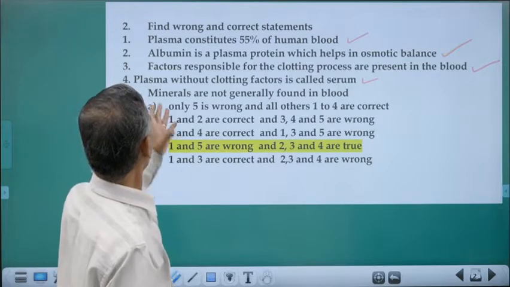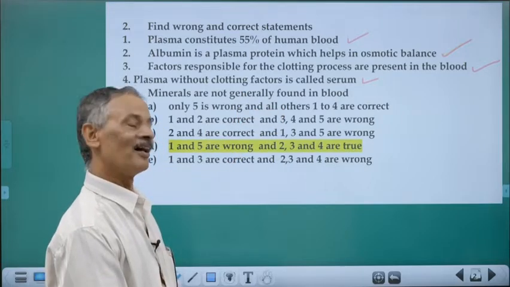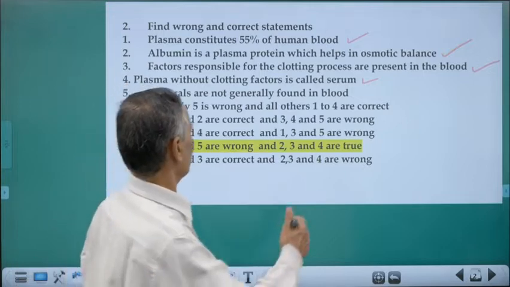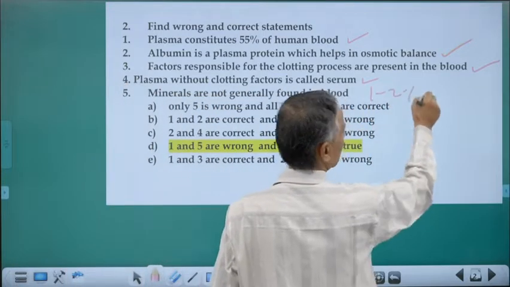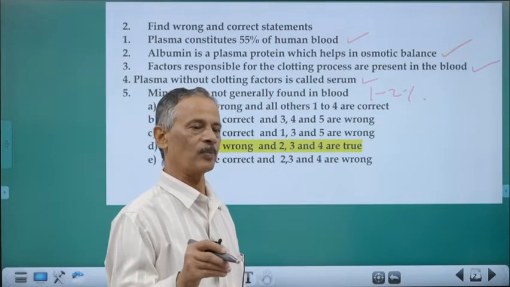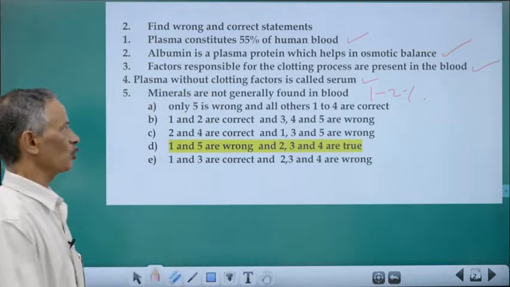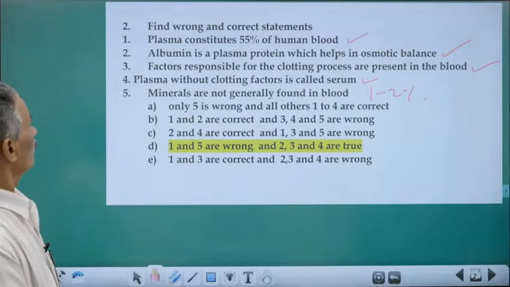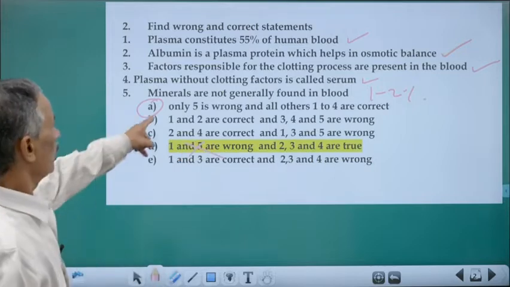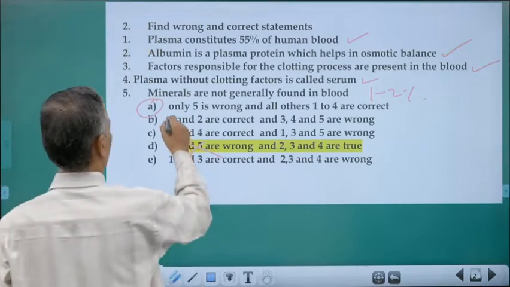Minerals are not generally found in blood. Minerals are present and they constitute 1 to 2%, mainly in the form of chlorides, phosphates, carbonates, etc. of sodium, potassium, calcium, magnesium. So, the answer is only 5 is wrong, and all the others, 1 to 4, are correct. This is the correct answer.